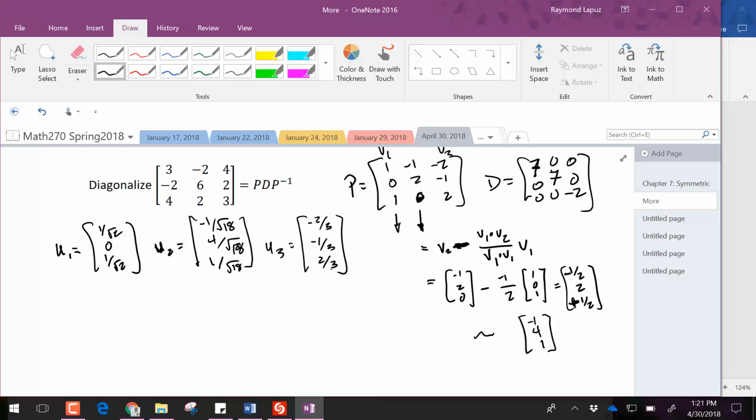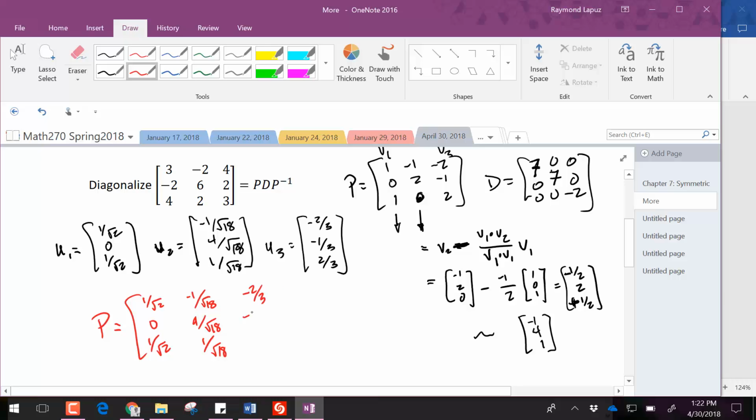And so if we set up our P to be 1 over root 2, 0, 1 over root 2, negative 1 over root 18, 4 over root 18, 1 over root 18, and negative 2/3, negative 1/3, and 2/3.